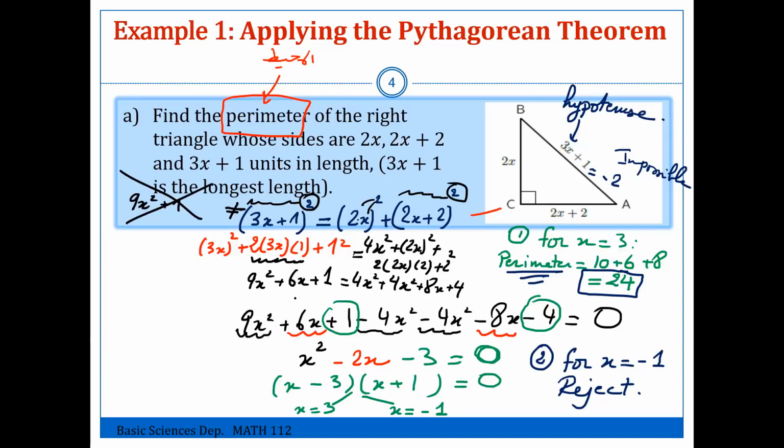Then we get an equation of degree 2. We write it in standard form and solve it. We get the value of x. We replace it in the data and compute the perimeter as the sum of the three sides. One solution gives the perimeter; the other solution is rejected because it gives negative lengths, which is impossible.